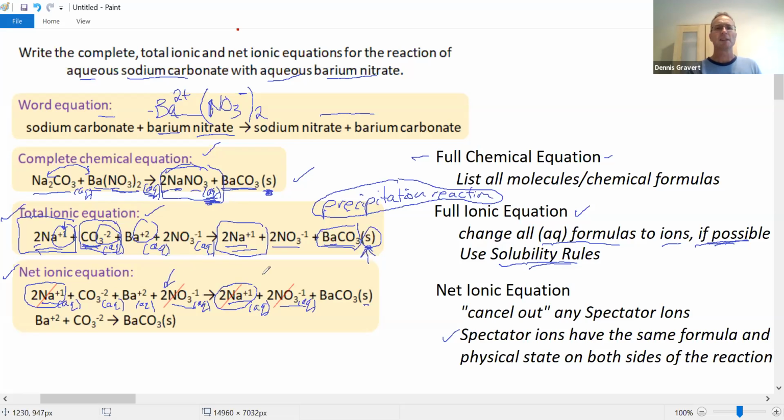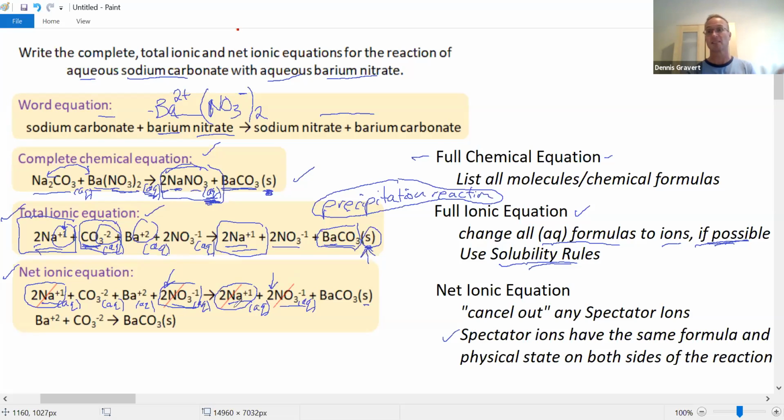Don't pay too much attention to the coefficient when you're deciding whether something's a spectator ion or not. As you do more chemistry, you'll see more complicated reactions where, for example, in redox reactions, it's common that maybe there's 2 nitrates to start with, and then there's only 1 afterwards. One of the nitrates actually does something, but the second nitrate doesn't.